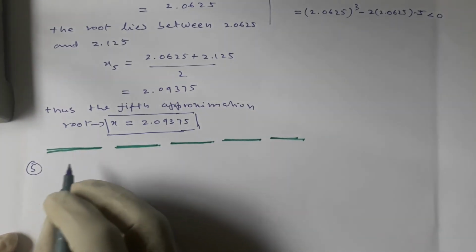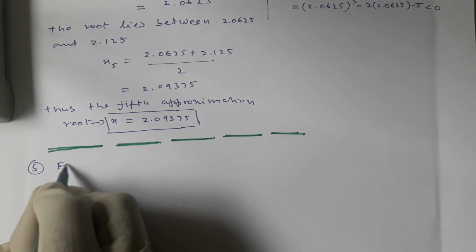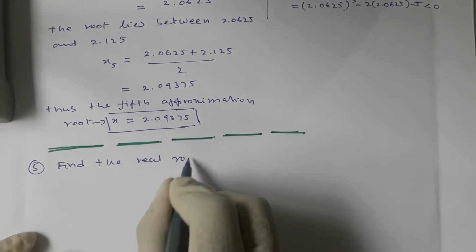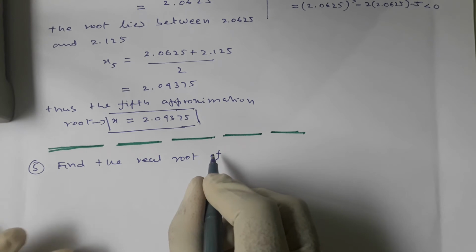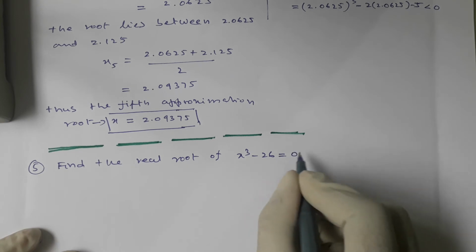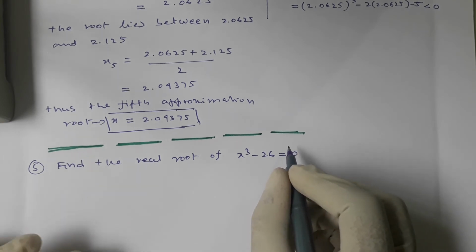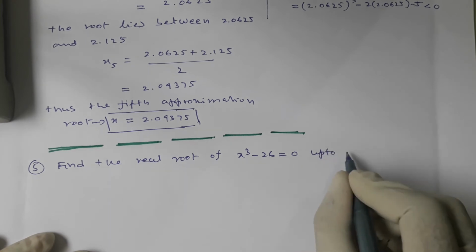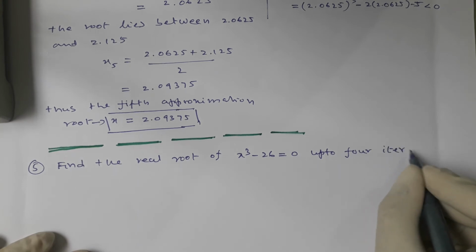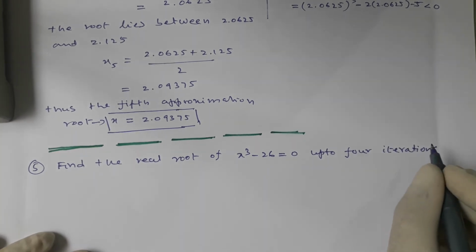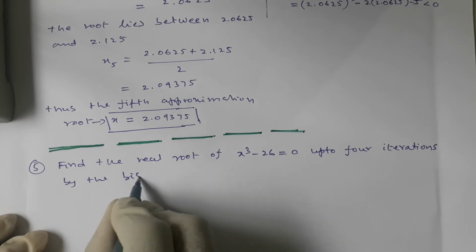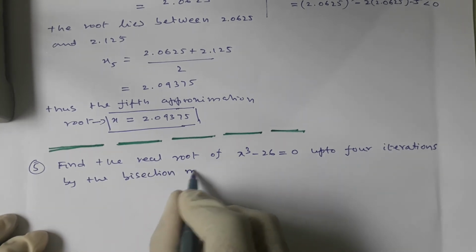Find the real root of x cube minus 26 is equal to 0 up to 4 iterations by the bisection method.